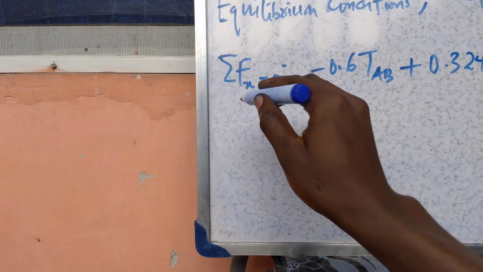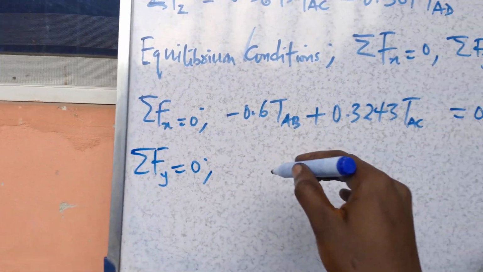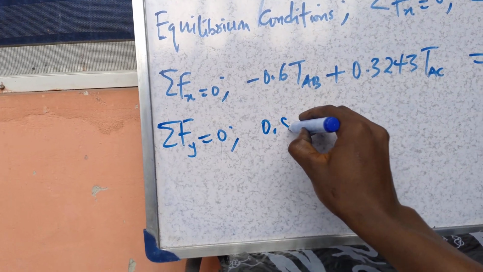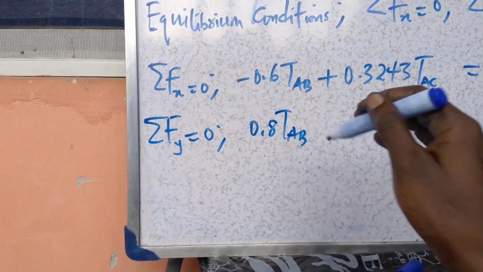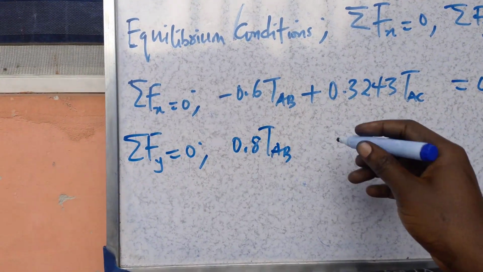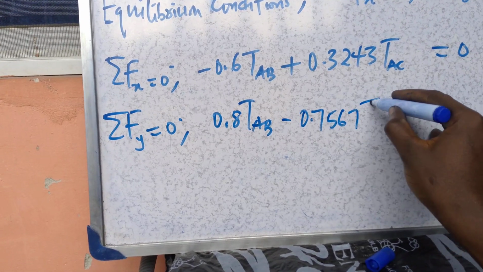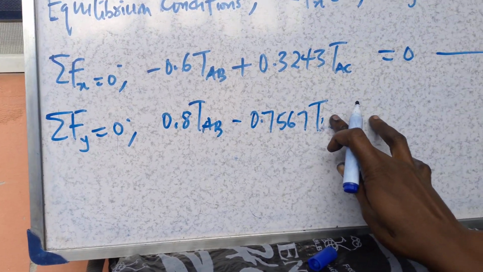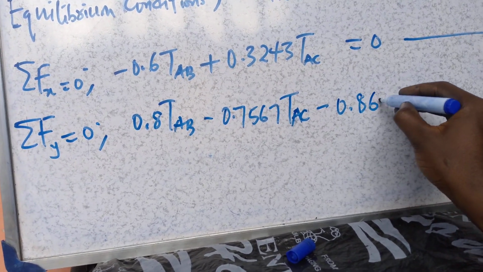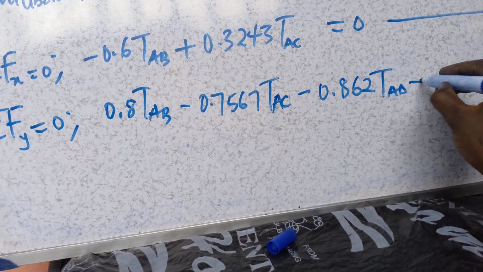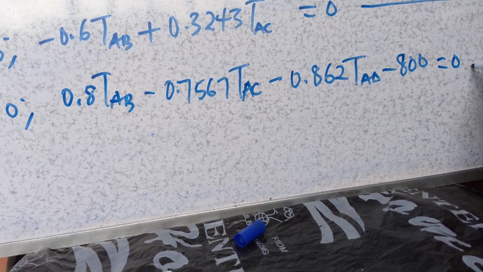Sigma Fy equals 0 gives 0.8 TAB minus 0.7567 TAC minus 0.862 TAD minus 800 equals 0.